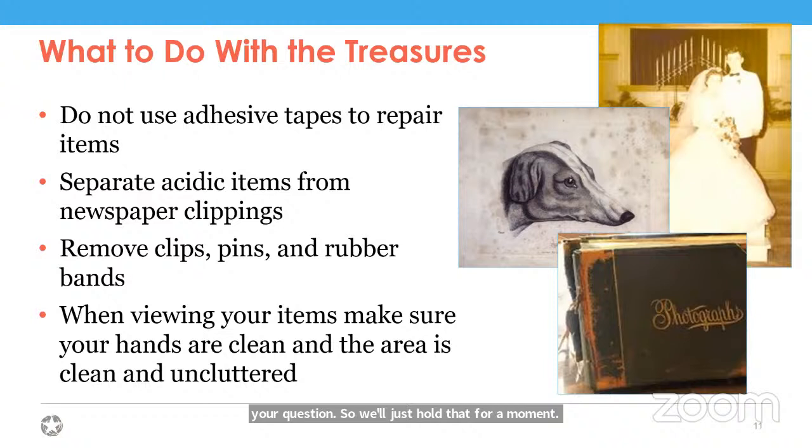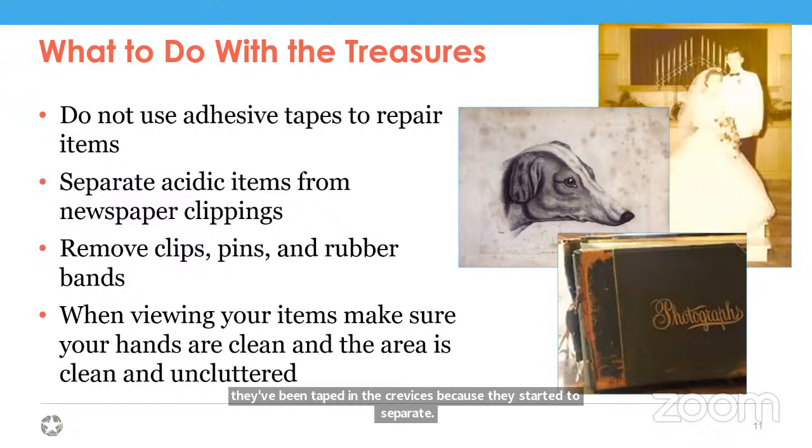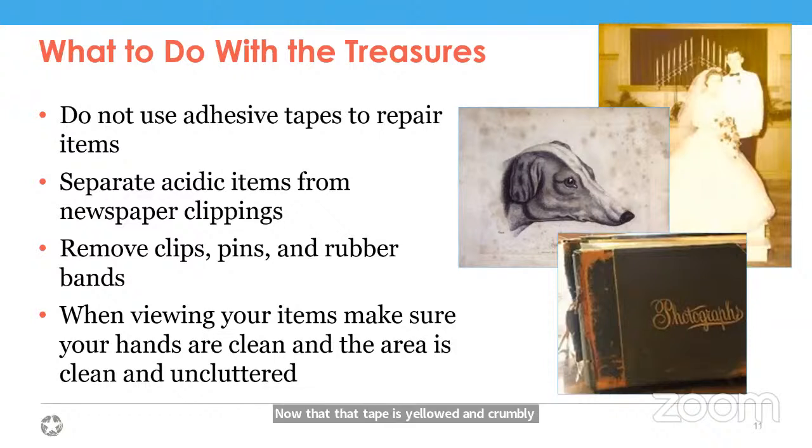You'll find where family letters have been taken in and out of an envelope so many times and unfolded, and they've been taped in the crevices because they started to separate. Now that tape is yellowed and crumbly and gross. It happens, so there's no undoing that.